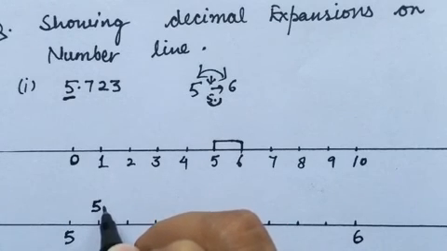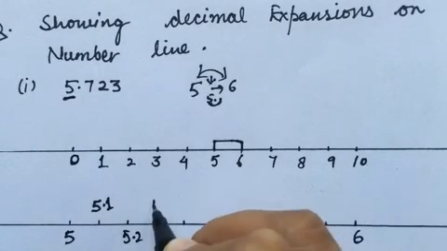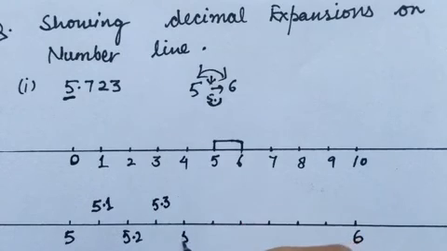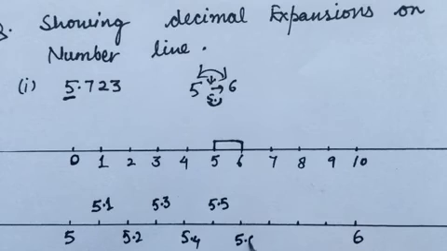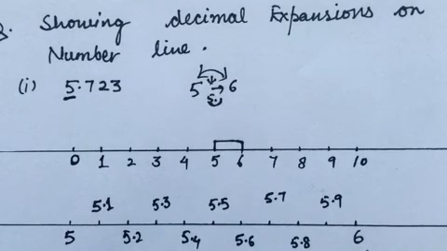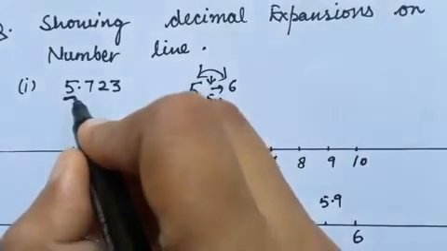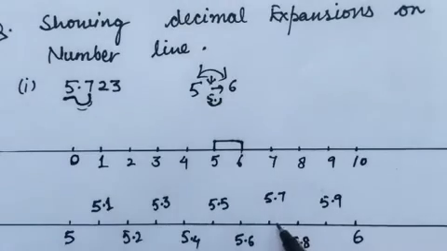So we are writing here 5.1, 5.2, 5.3, 5.4, 5.5, 5.6, 5.7, 5.8 and 5.9 and then 6.0. So we got these numbers. Now it is 5.7, so we are here, between 5.7 and 5.8.